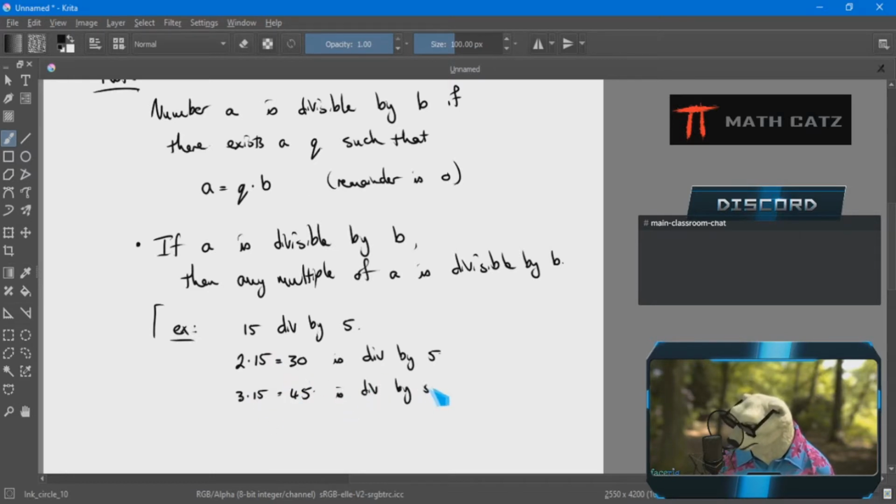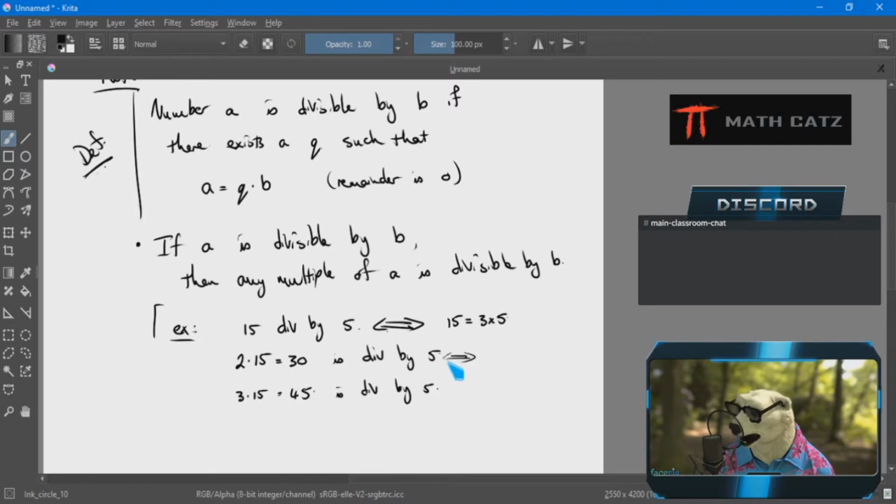And any multiple. If I look at the official sort of definition of divisibility, if 15 is divisible by 5, officially it's because I can write 15 as some number times 5. There is some number, in this case it's a 3.